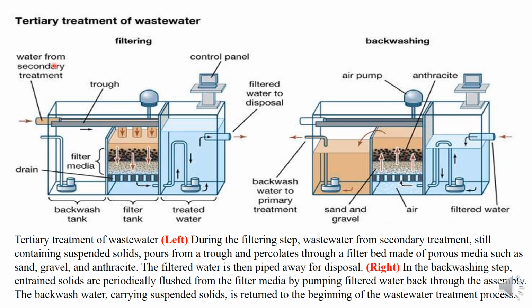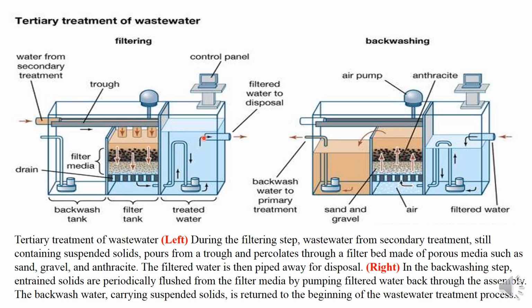So here is the mechanism. From this pipe, the water from the secondary treatment enters over here. Here is a trough. Through that trough, water moves and percolates through this filter tank. From this filter tank, it is then moved further in the form of treated water.